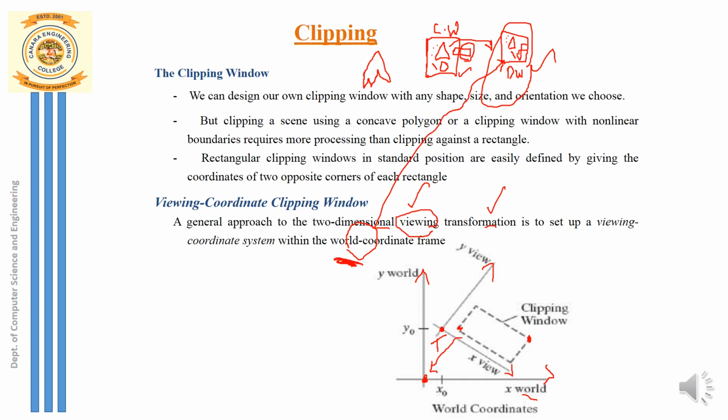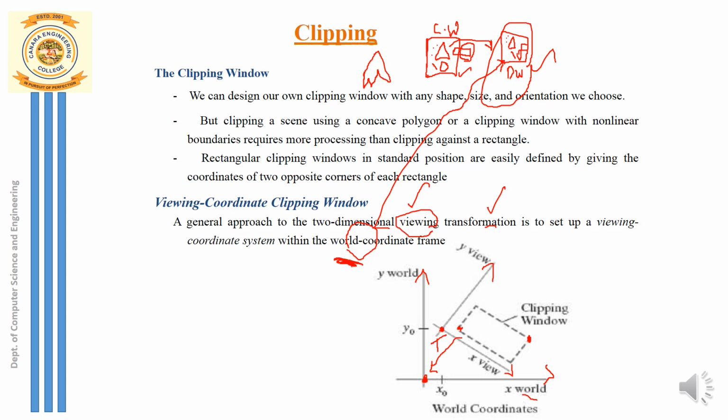Once you get this onto the origin, later what can you do? Can I work with this oriented clipping window? No, I have to now orient or rotate this particular clip window by a suitable angle theta. I can rotate this particular clipping rectangle. But where am I performing this rotation? It is not in the original position.